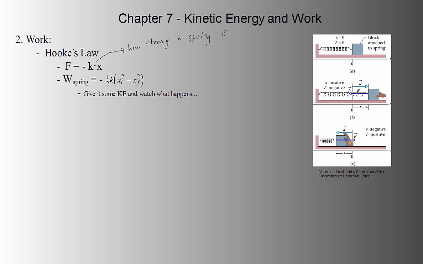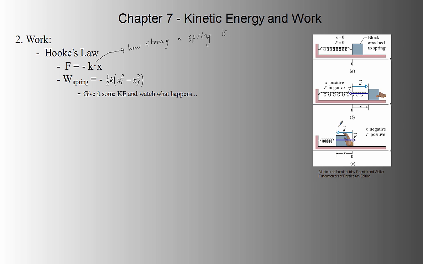So if you stretch it out this way with a displacement d, the force will pull back in the opposite negative direction. Vice versa, if you push on a spring to compress it, its displacement is negative, but the force pushes back against your hand, trying to bring it back to equilibrium in the positive direction. Long story short, the force of a spring always acts in the opposite direction of the displacement.